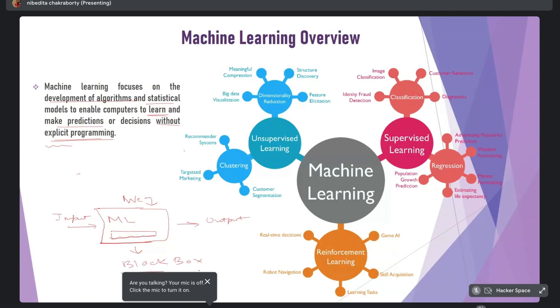So machine learning is a black box model because we do not know what algorithm it is using. We are only providing the input, the output, and defining the model, the outline for machine learning. Right? Is this part understandable? Is it clear? Any questions?